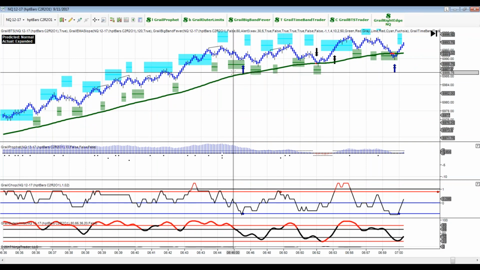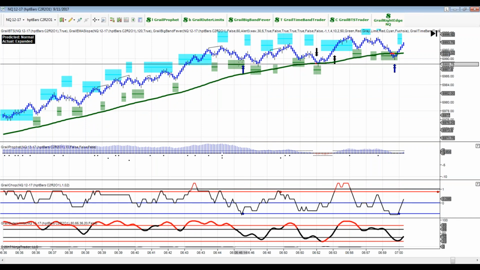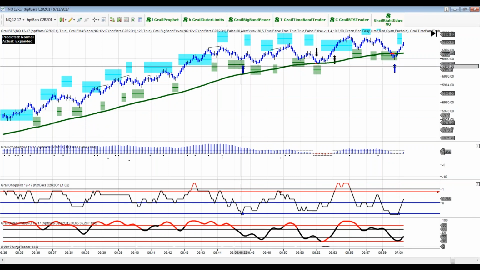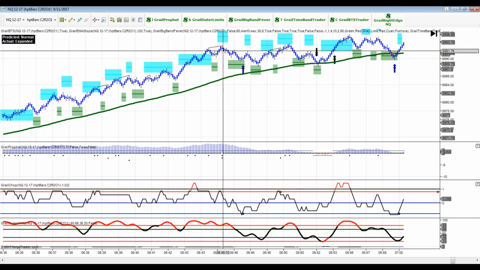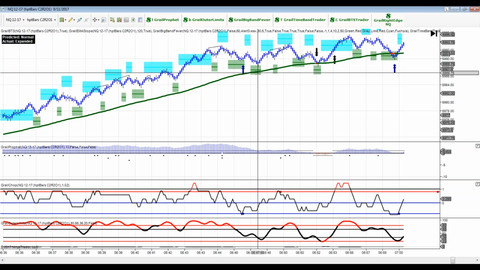Here's another example. This was your Grail 2 entry here. It really didn't result in much, and if you had a tight stop under here, you would have gotten stopped out. Of course, if your stop was under the mid part or under this box, you still would have been okay. But this is the example that I'm showing. We came down, our bars are still blue, our box is still green.